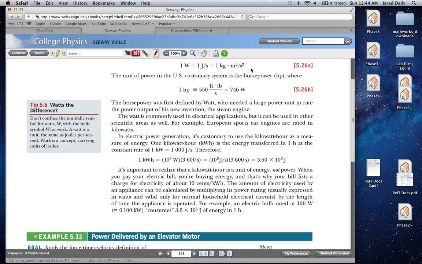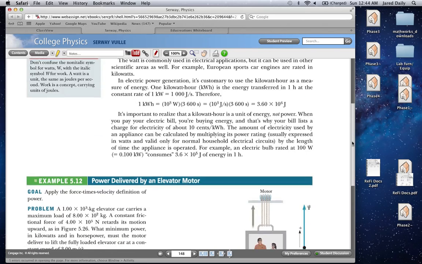So you're using an average of a kilowatt over the time of an hour, and that is a kilowatt hour, and it happens to be about 3.6 million joules, and your average household actually uses a few of these a day, probably, these kilowatt hours. It's a measure of energy, again, not power, because kilowatts are power, and hours are time, and power times time is energy used. So we use that quite a bit, the kilowatt hour.